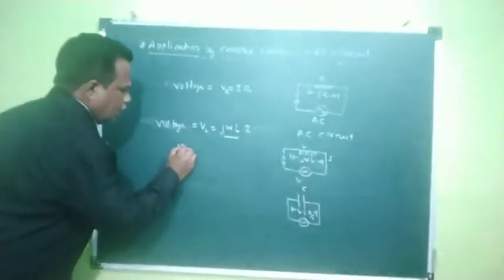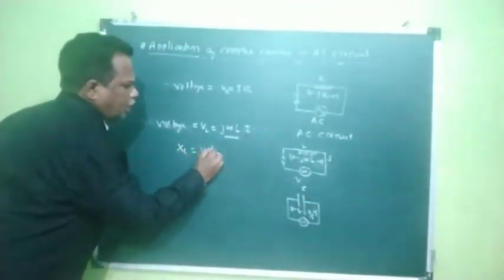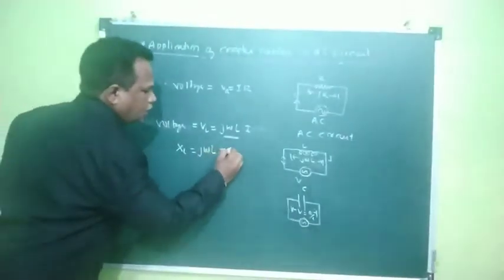This value XL is equal to j omega L, called the reactance.